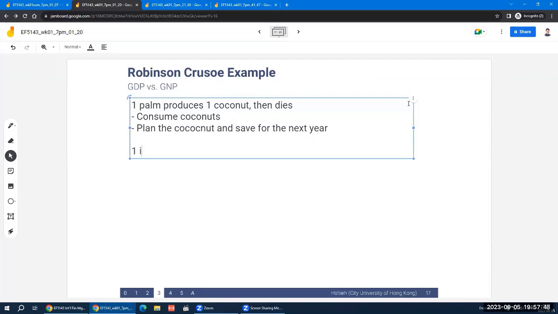So suppose you have this one person on an island, and he harvests 100 coconuts, but he borrows 10 from a neighbor that he needs to return sometime after he harvests the next year.